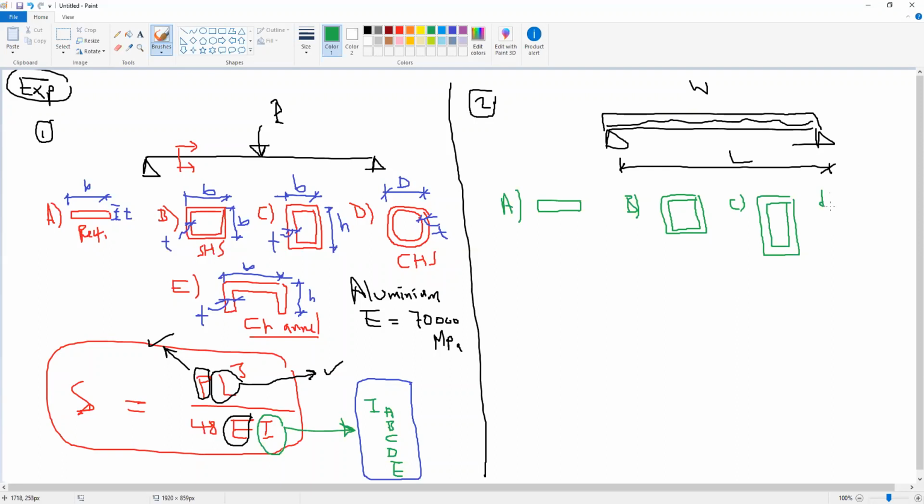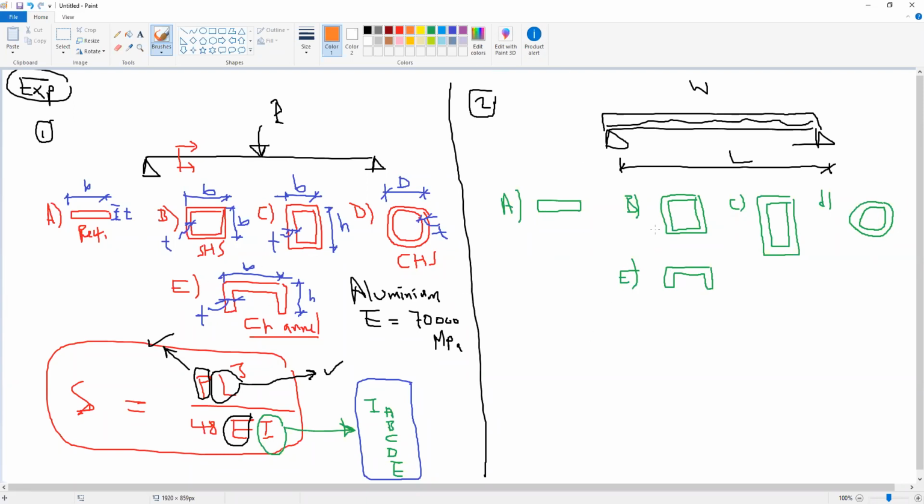And D is the circular section. And E is the channel section. Okay, these 5 sections are similar to the previous 5 sections, so same dimensions.